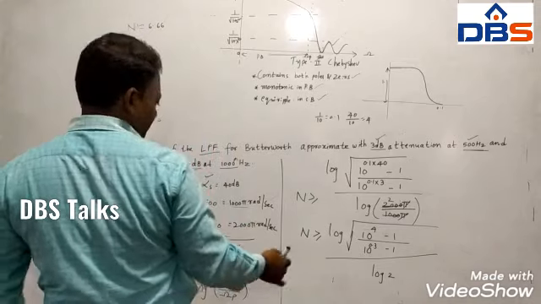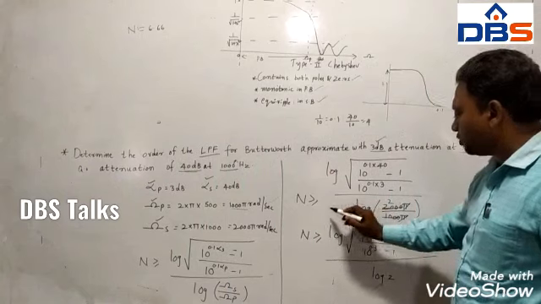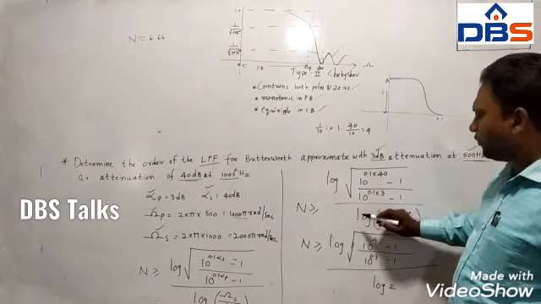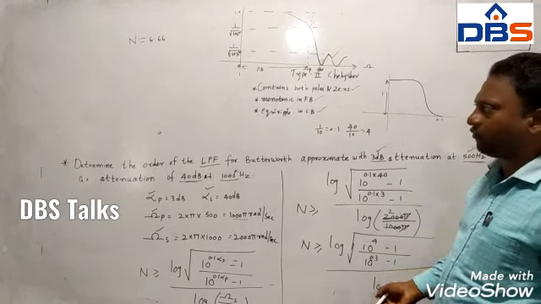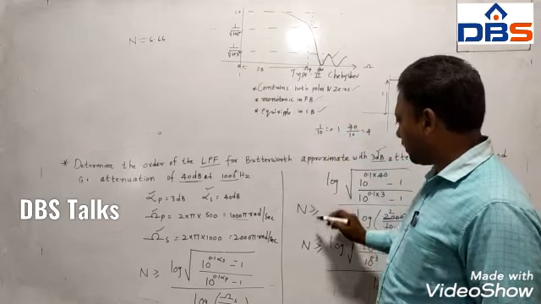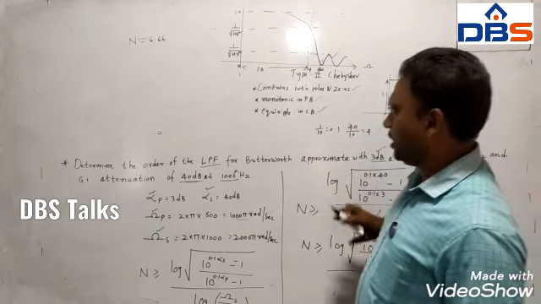Always see this condition: n must be greater than or equal to this particular value, whatever value you calculate. Suppose you get a fraction like 6.66; the condition is that n must be greater than or equal to that value.